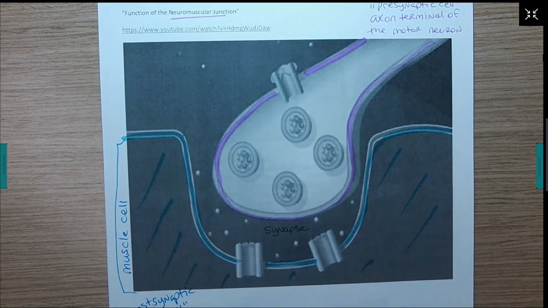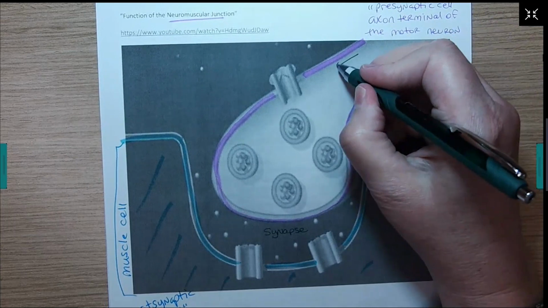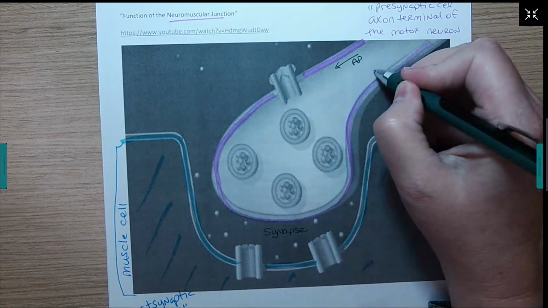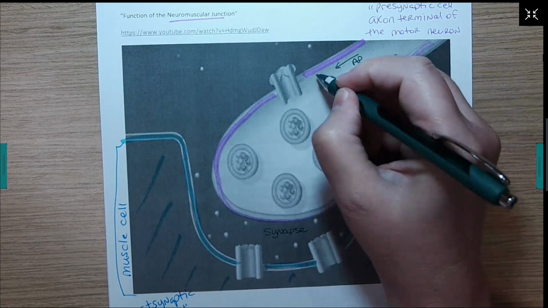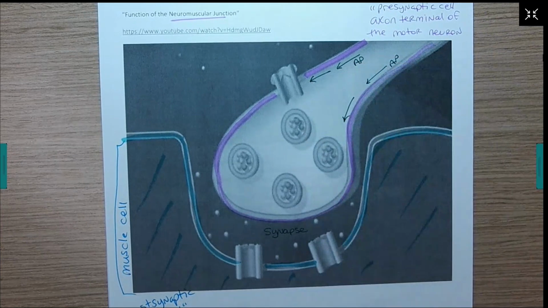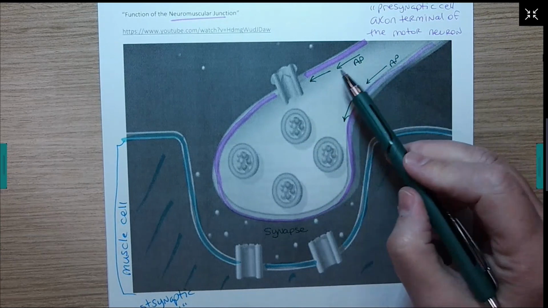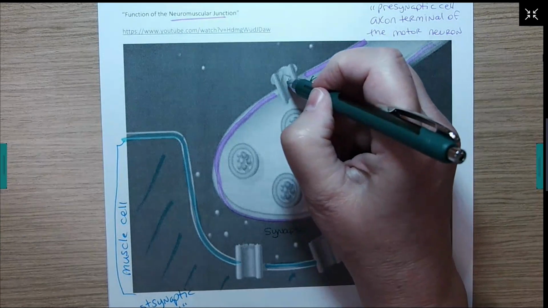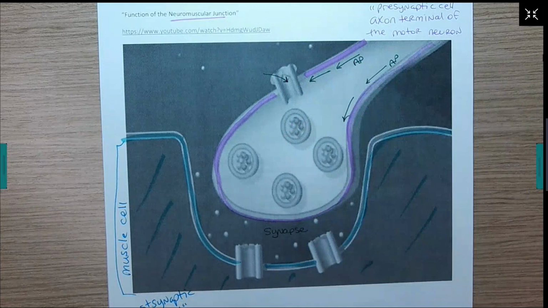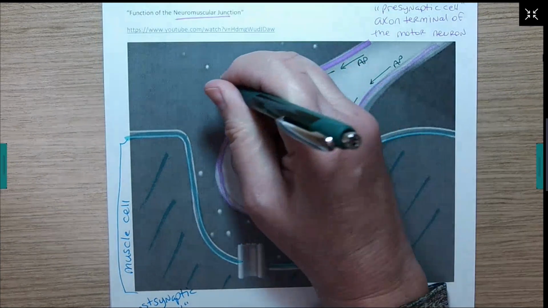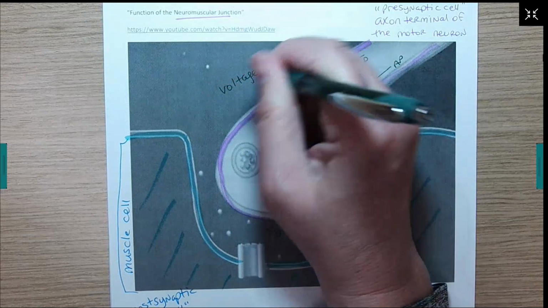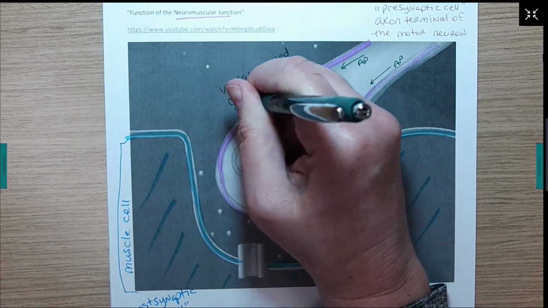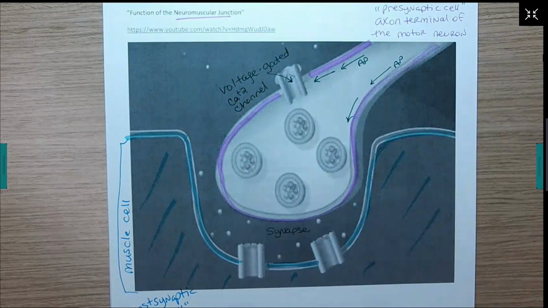Now the action potential, this should sound really familiar. The action potential is coming down the axon terminal of the motor neuron. When it hits this protein right here, this is the voltage gated calcium ion channel. Remember that.